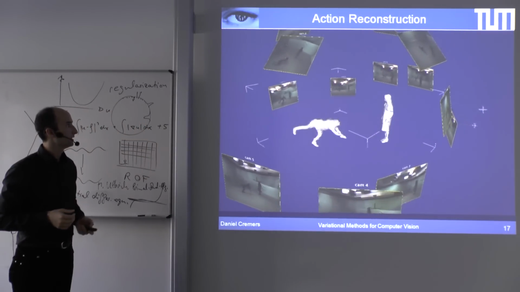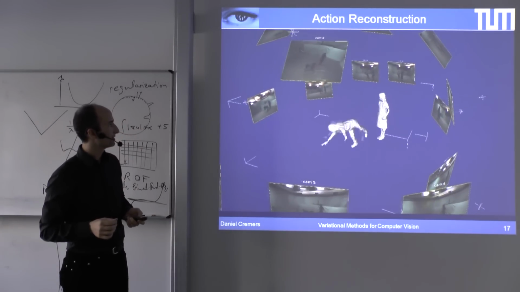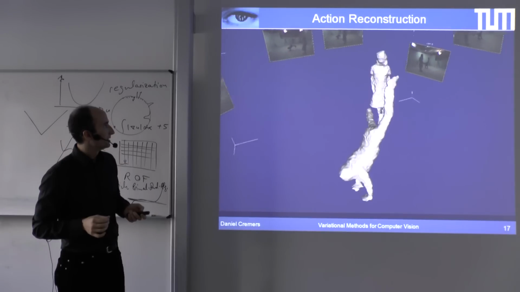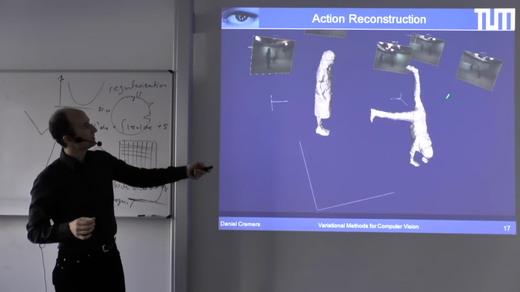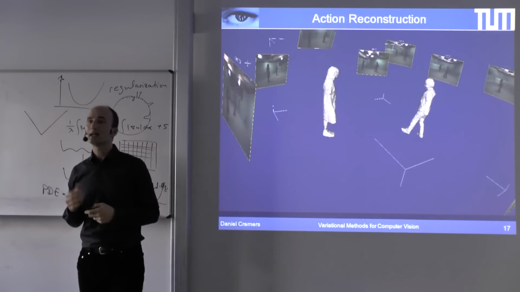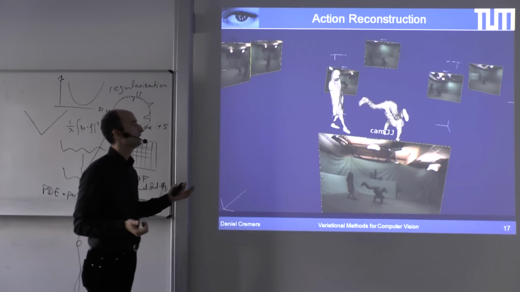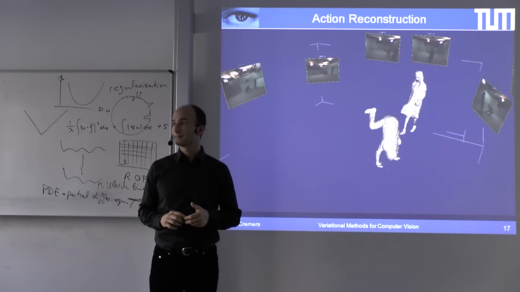These are not very professional actors, I should say, so I apologize, they're not very professional athletes. But what you can see is you can recover the geometry in fairly good detail at any given time of the video. And you can reconstruct an action at a rate of, I don't know, 25 frames a second.